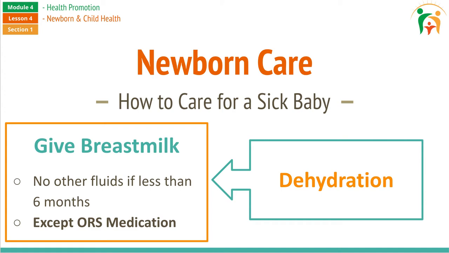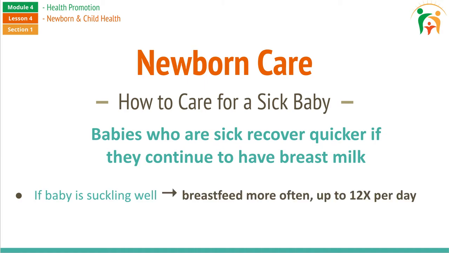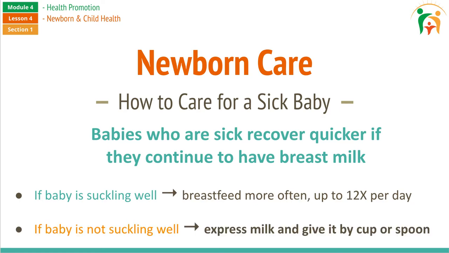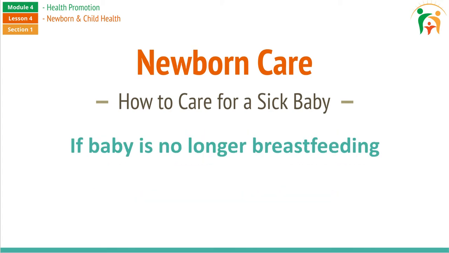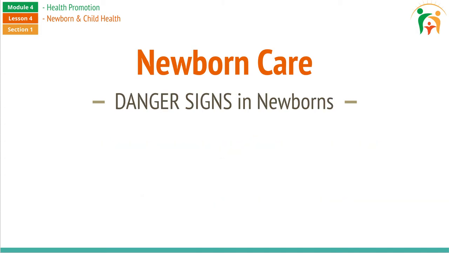Babies who are sick recover quicker if they continue to have breast milk. If baby is sucking well, breastfeed more often, up to 12 times per day. If baby is not suckling well, express milk and give it by cup or spoon. If baby is no longer breastfeeding, seek a doctor immediately.